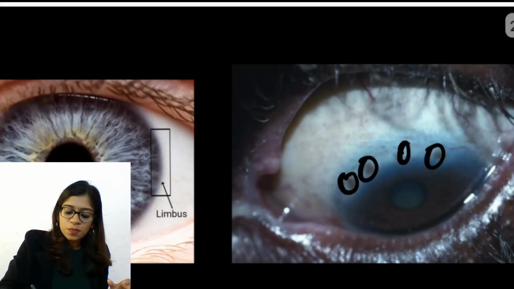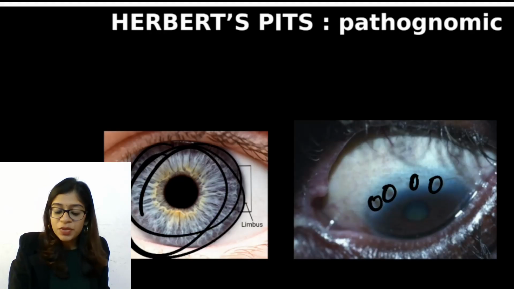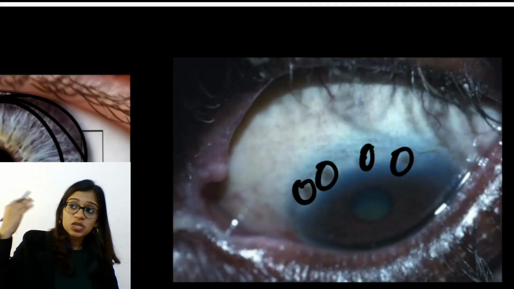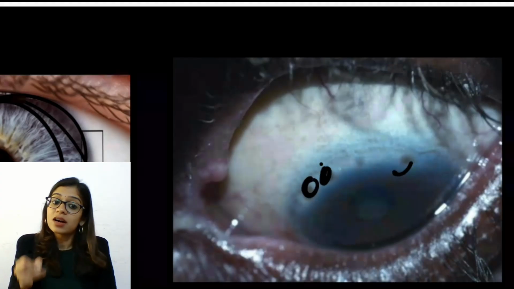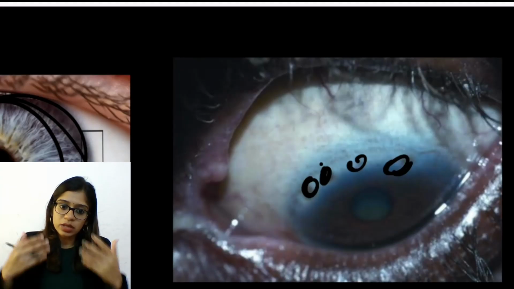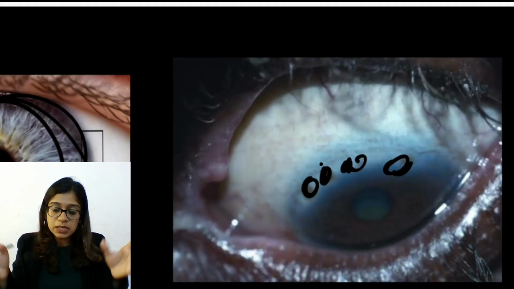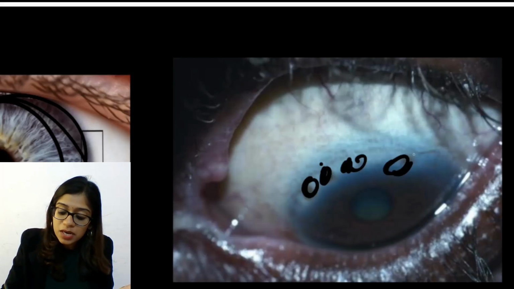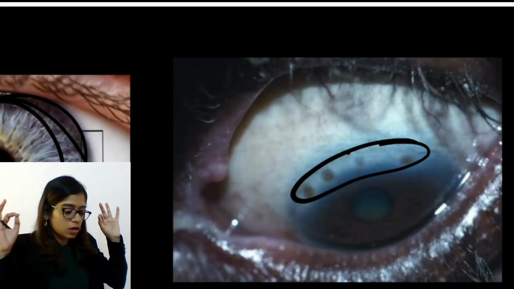The junction between the cornea and the sclera is called the limbus. In the upper limbus of a person with healed trachoma, meaning someone who had trachoma earlier, you can see these pits. When trachoma occurs, the lymphocytes come and fight the infection, forming follicles at the upper limbus. Once the infection is gone, the lymphocytes die and these follicles collapse. Can you see these depressions here? This is Herbert's pits.